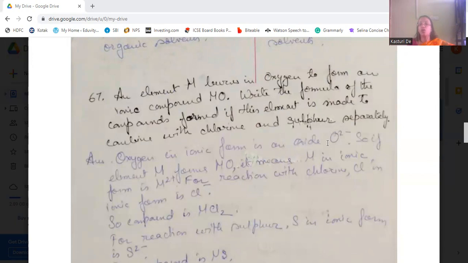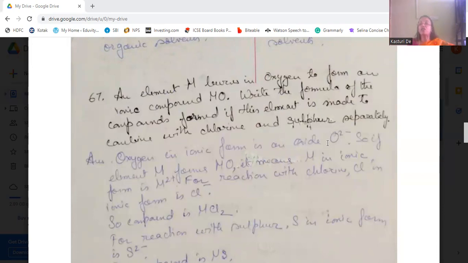So if element M forms a compound with oxygen, the formula will be MO, and it means M in ionic form will have the symbol M2 plus.